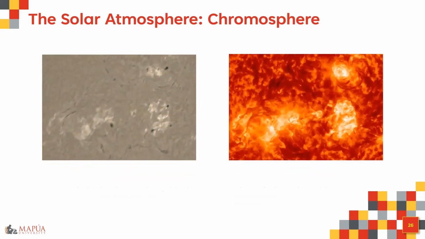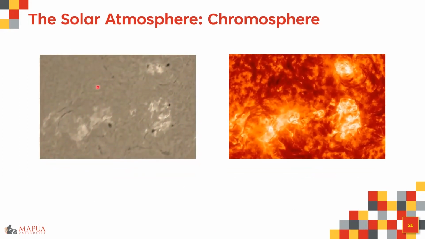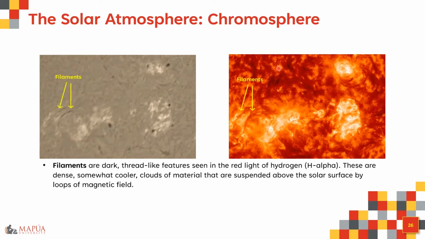And let's look at this region. Using the H alpha and the extreme UV at 30.4 nanometer filter, we can actually observe several things. We can observe filaments. Filaments are mostly observable at the H alpha filter and in this 30.4 nanometer wavelength.